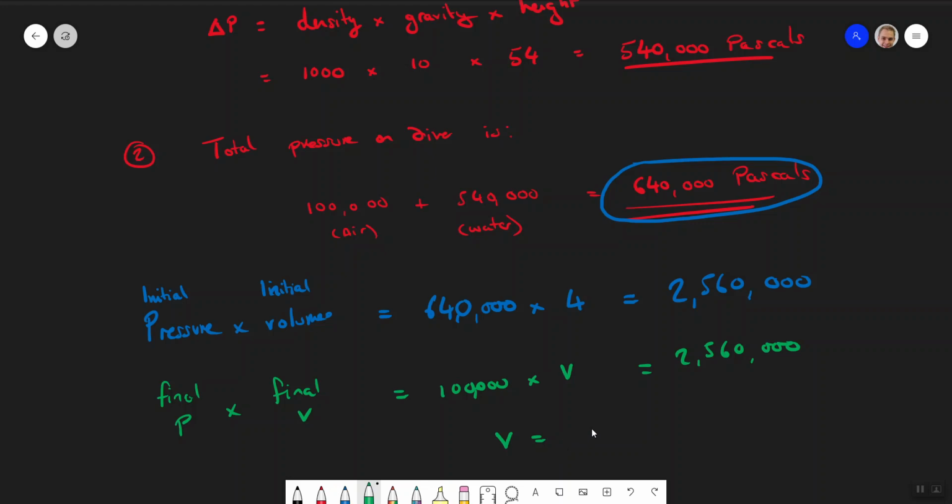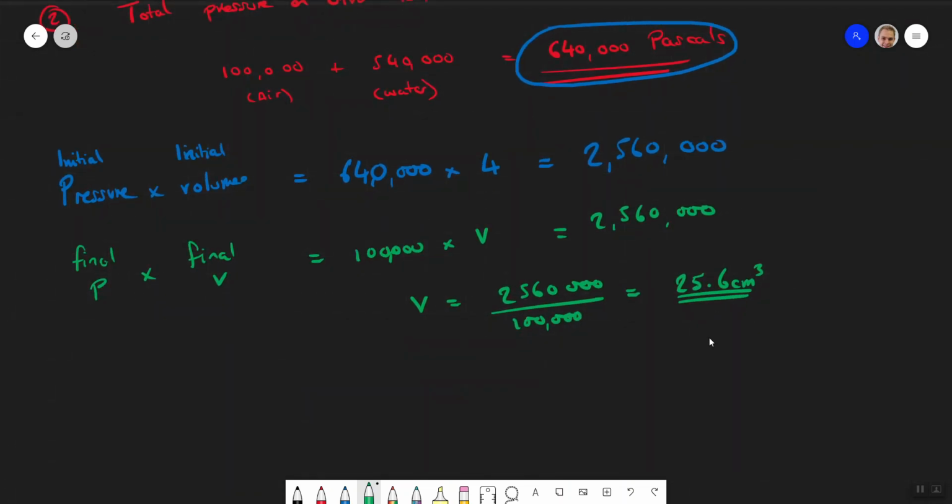So V is equal to 2,560,000 over 100, and we get 25.6. So that small bubble, divided by 4, that small bubble has increased about 6.5 times in its volume.